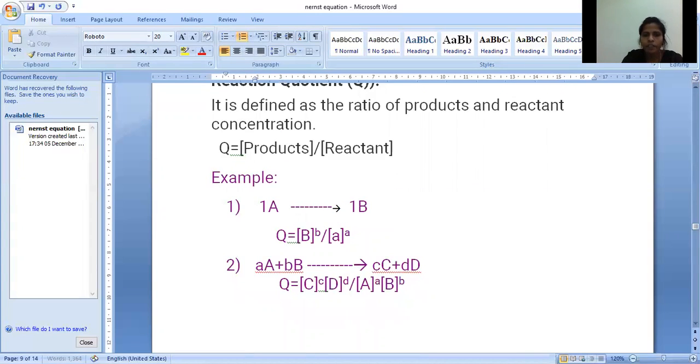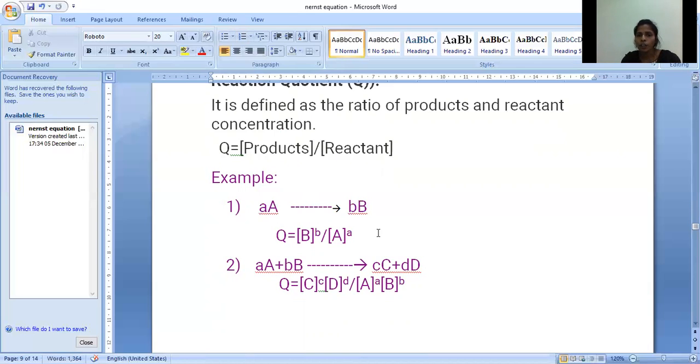If we have one A and one B, that means if the reactant and product numbers of moles are 1, we write B by A. But here we have small a moles of A and small b moles of B. So we can write the reaction quotient as B power b, that means the number of moles must be on the power, B power b divided by A power a.